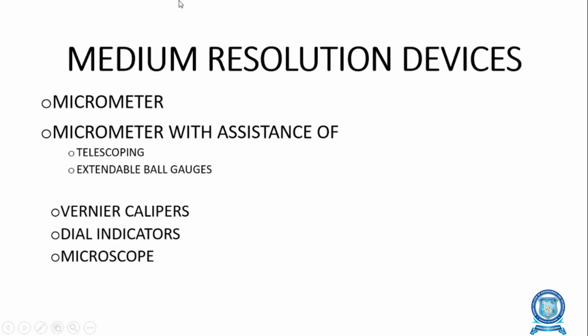Okay, next one is medium resolution devices. In these medium resolution devices, there are different devices. One is the micrometer, with the assistance of telescoping and extendable ball gauges. Then vernier calipers, dial indicators, and microscope, which we call a measuring microscope.